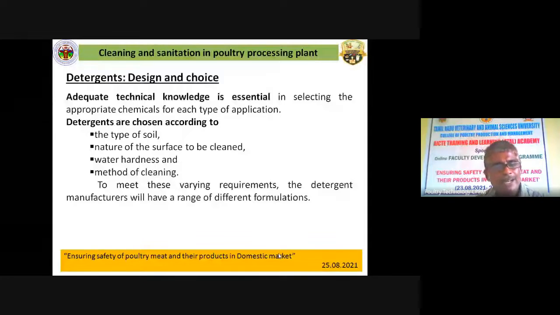While designing a detergent, we have to take into consideration the type of soil that clings to the surface. Then the second one is the nature of the surface that has to be cleaned. The third one is water hardness, and the fourth one is the method of cleaning. Because some of the chemical agents are effective on some types of soil, whereas others are not.